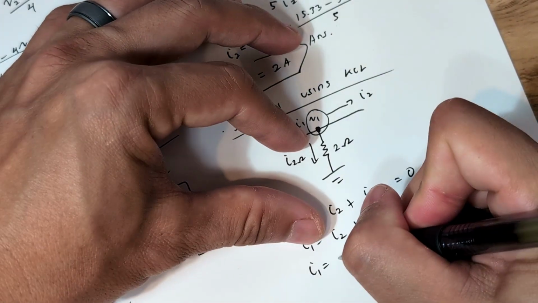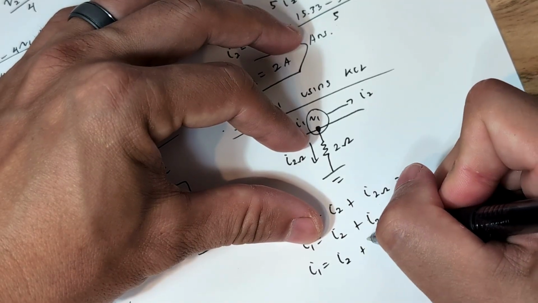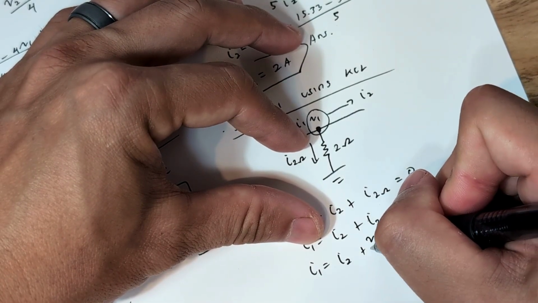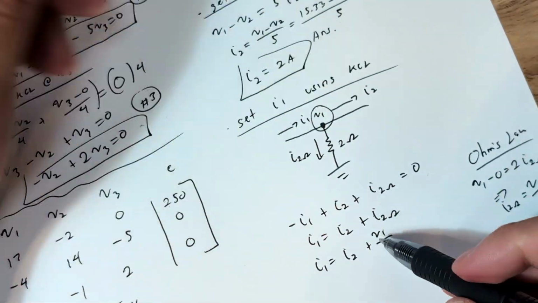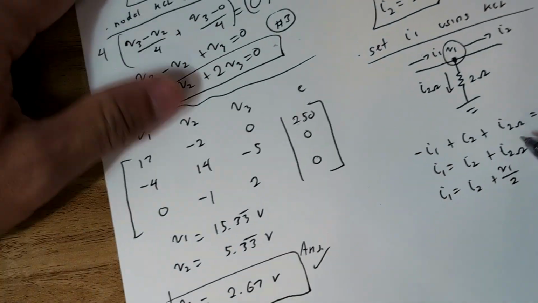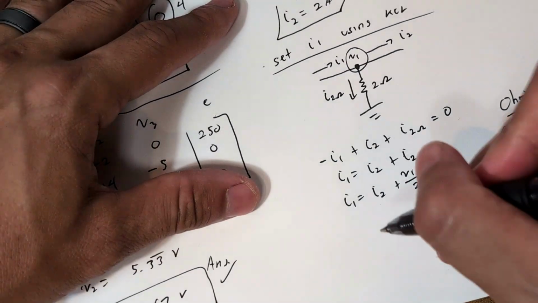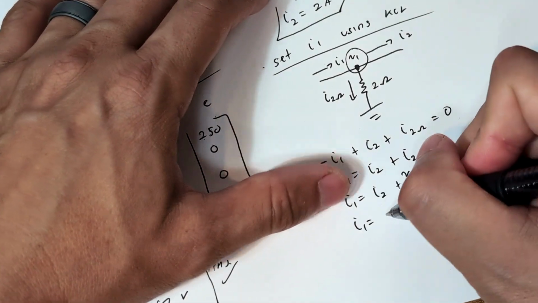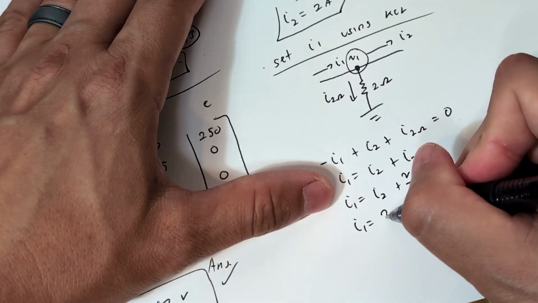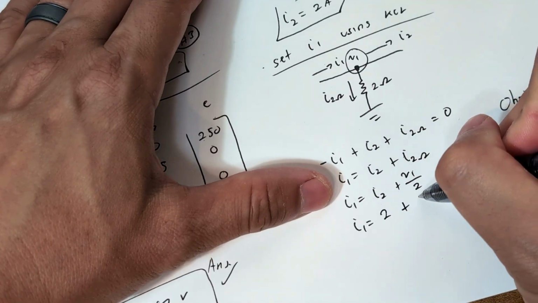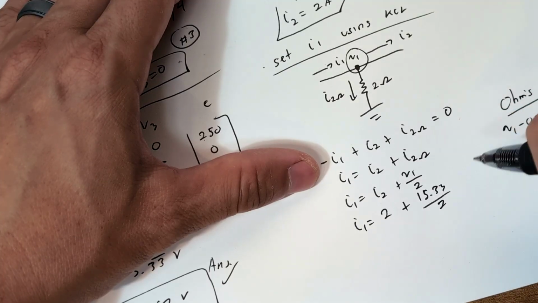I1 equals I2 plus V1 over 2. And we already know V1. We got that earlier. It's 15.33 volts. So now we should be able to solve for I1. I2 is up here, which is 2 amps, plus V sub 1, which we know, 15.33 divided by 2.